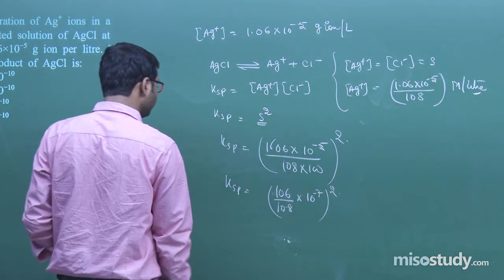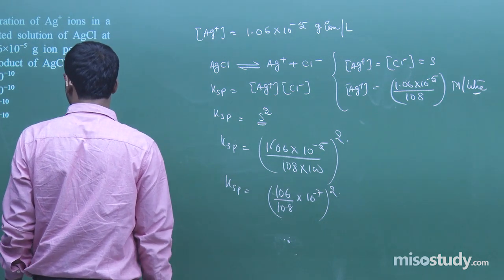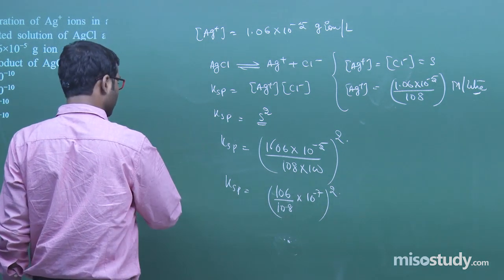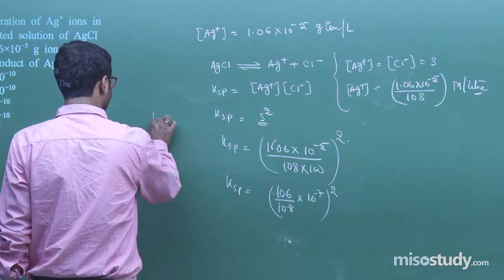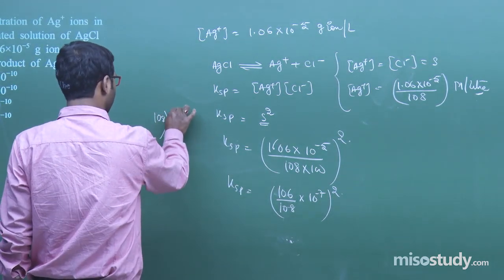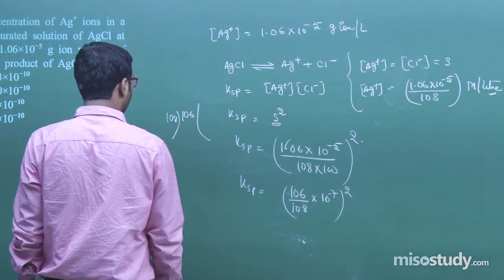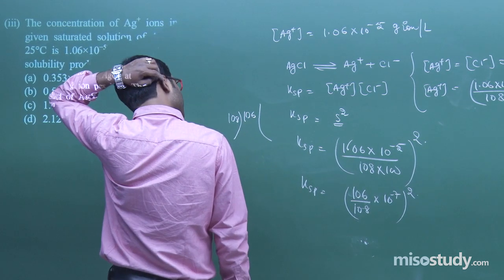Clear? Yes. So after solving, what we observe, we will get 106 upon 108 and 106, 108 into 106 dividing.